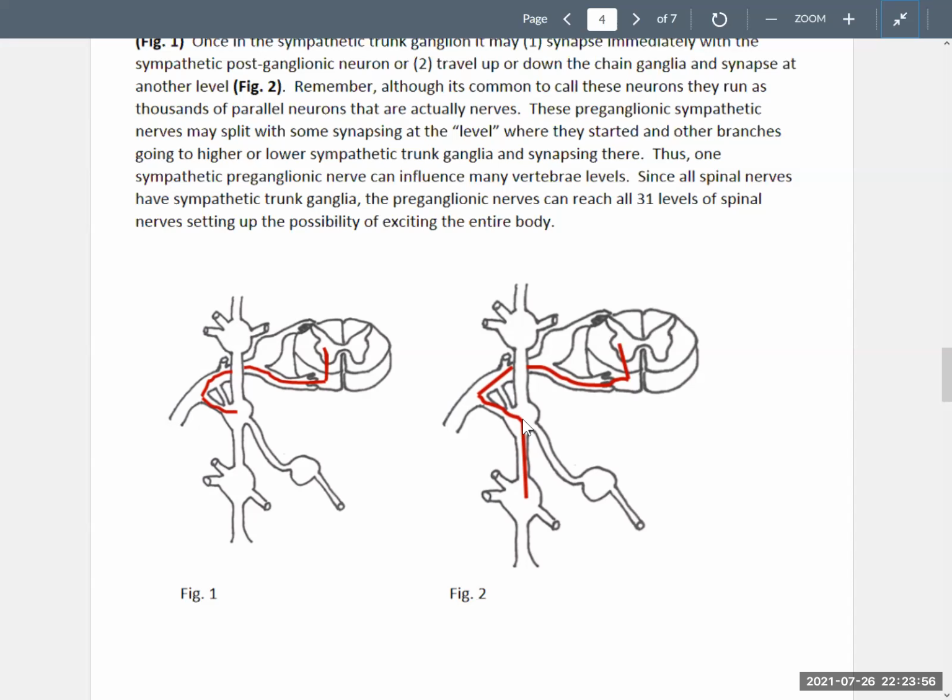It may do the same over here and continue on without synapsing yet to another ganglion. And remember, since this can fray, it's a nerve. It has many neurons, can go up, down, down farther. Well, then one command coming along can suddenly spray out to lots of different ganglia and reach different parts of the body.